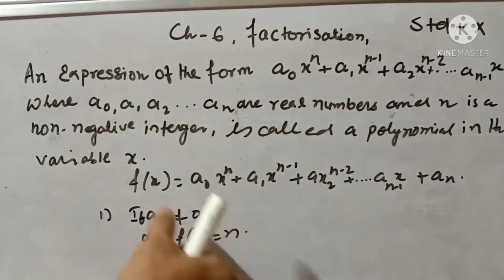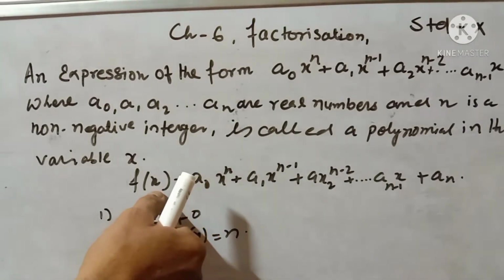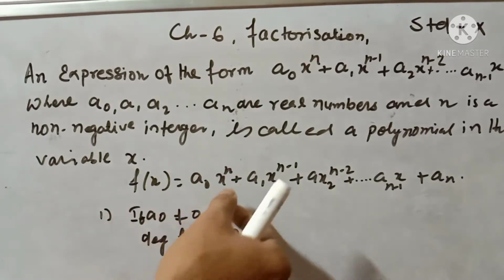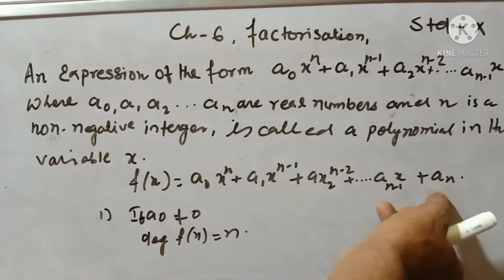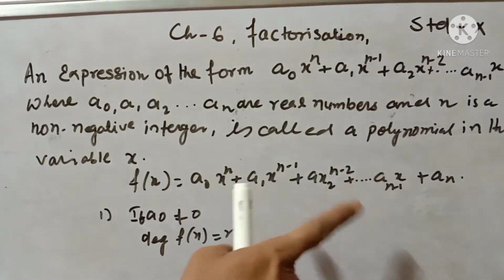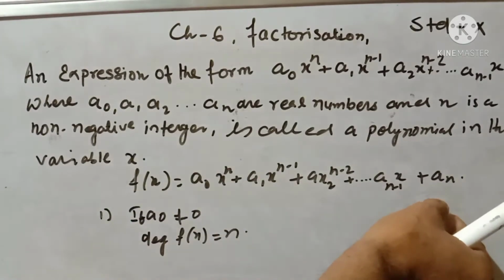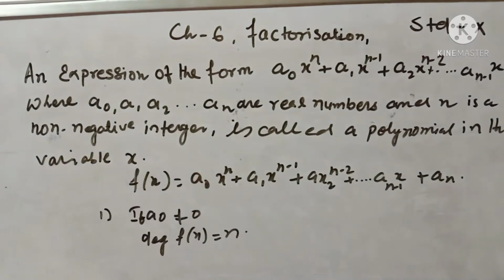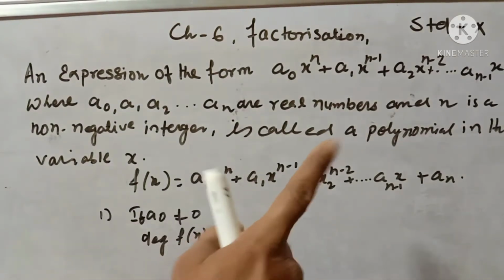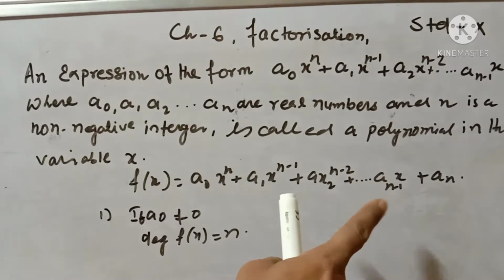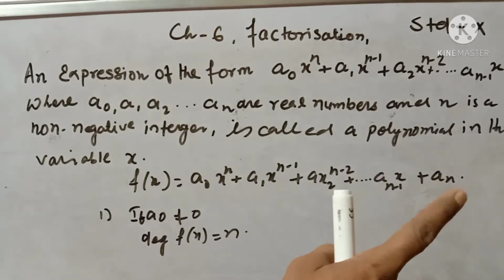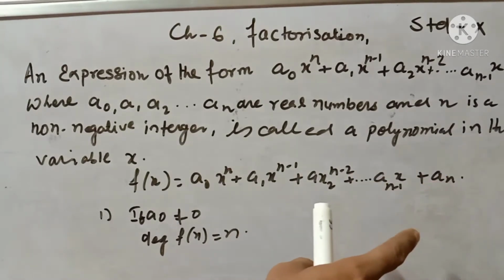And in f(x), this a n is called the constant term. Remember, function of x means f(x). a n is called the constant term. a0, a1, a2, ..., a(n-1), a n are called the coefficients of the polynomial f(x).